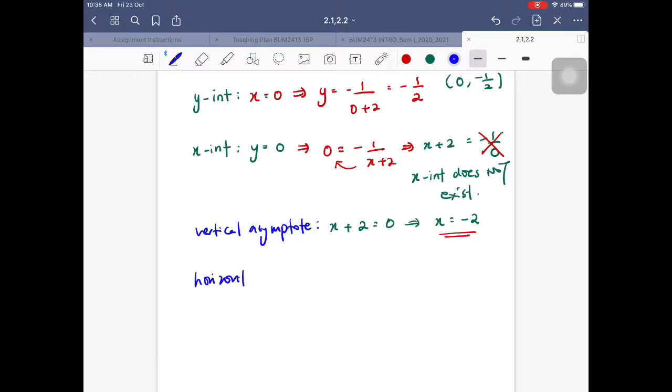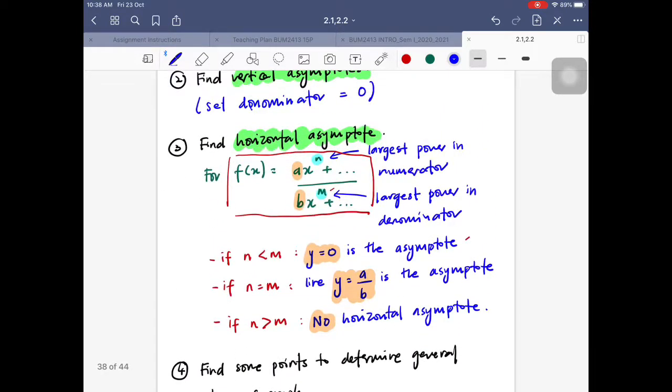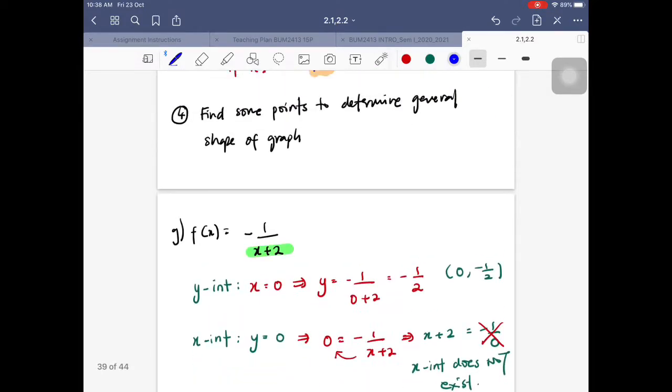And the other one is going to be our horizontal asymptote. How do we find the horizontal asymptote? It's going to be the rule that we have up here, which concerns the value of n and also m. The function that we have right here is negative 1 times x to the power of 0 over x to the power of 1 plus 2.